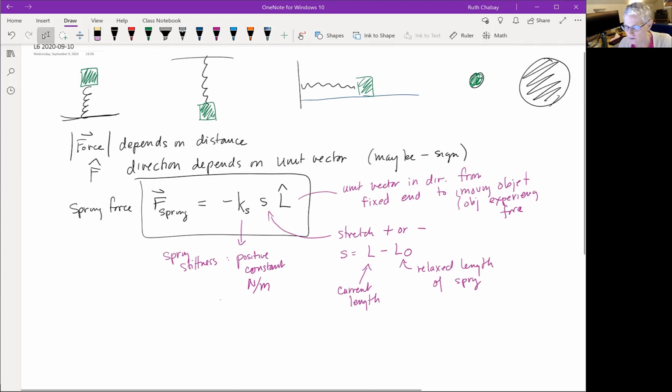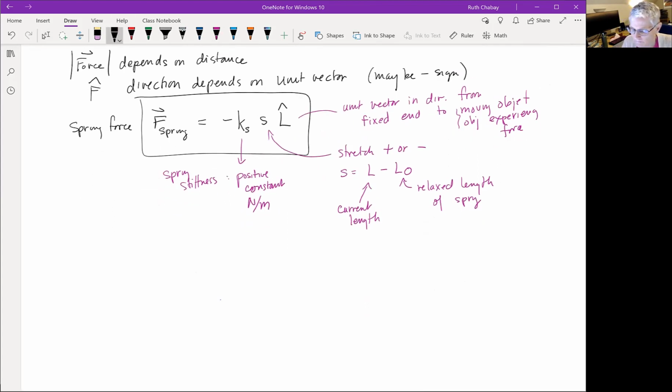So the stretch, as we talked about last time: let's consider a spring standing on a surface. If it has some relaxed length, if there's nothing on it here, this is going to be its length L0. And if we stretch it to some new length L, then this distance here is the stretch.